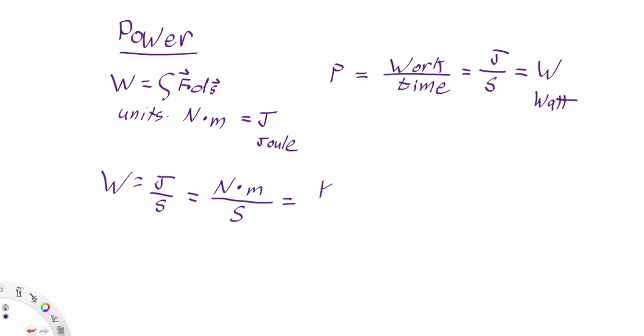It's a kilogram meter per second squared. So it is accurate to say that the watt has units of energy per time, but it's also accurate to say that the watt has units of force times velocity.